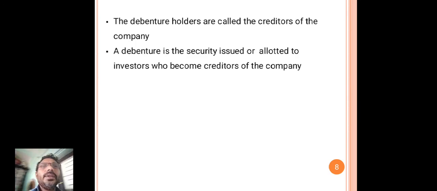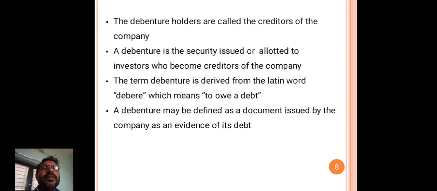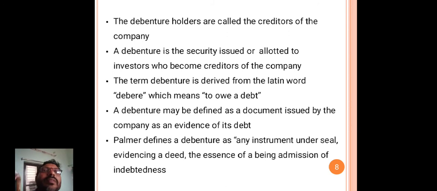The debenture holders are called creditors of the company. Here we have to observe one point: a debenture is a security issued or allotted to investors who become creditors of the company.